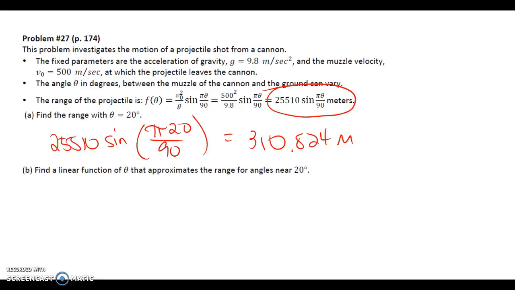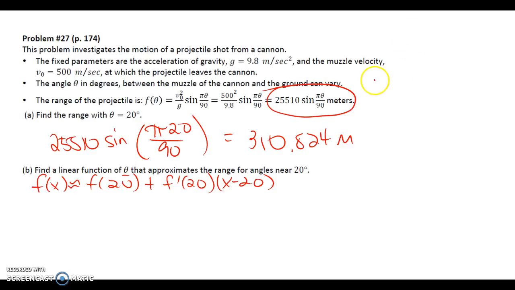So now I want to find the linear approximation near 20. So near 20, this thing is going to be the function at 20 plus the derivative function at 20, x minus 20, right?